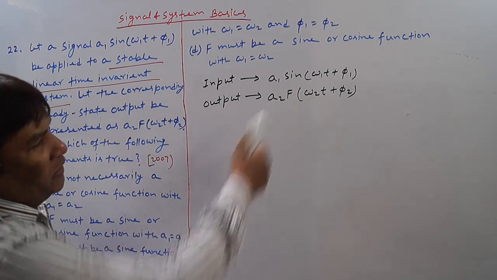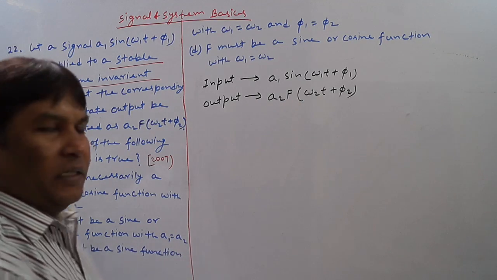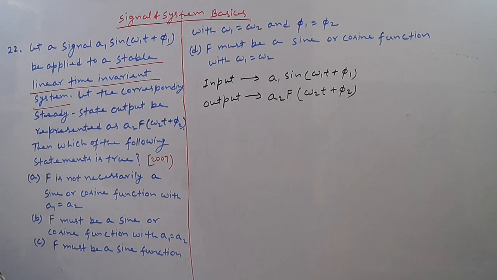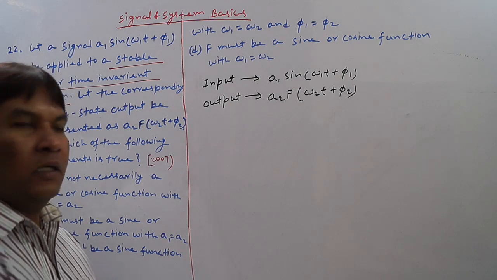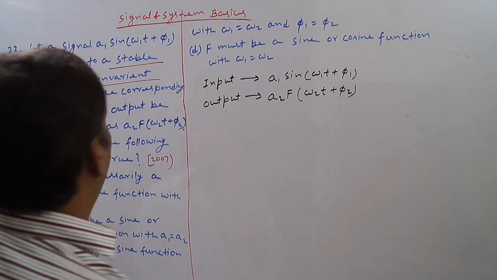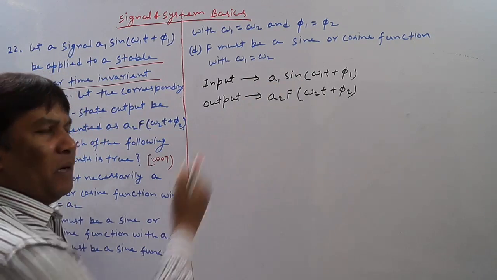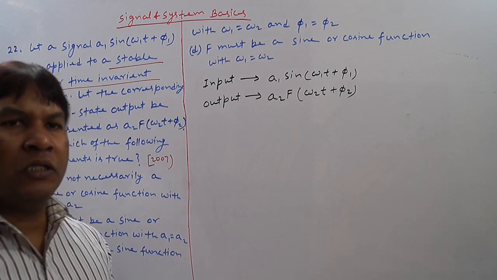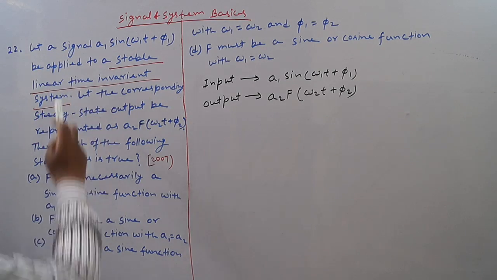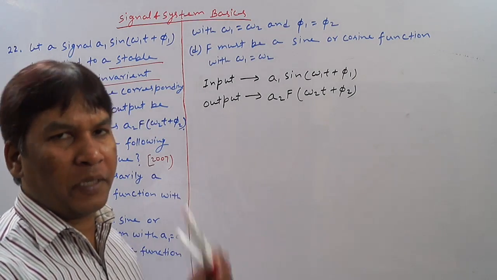Since the system is linear time invariant, the output must be a function of the input, as we have seen in the previous question, I think question number 20. So here also the output must be some constant multiplied by the input, because only then will the properties of linearity as well as time invariance be established. Otherwise that property will not hold.